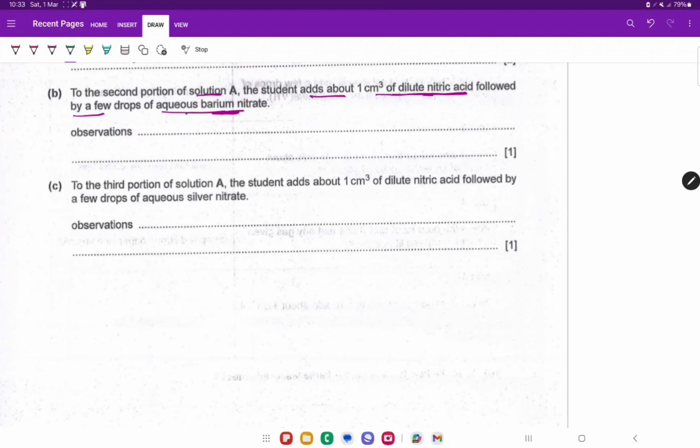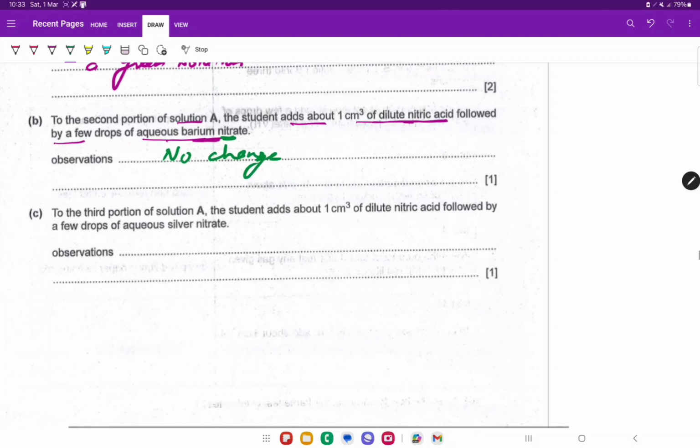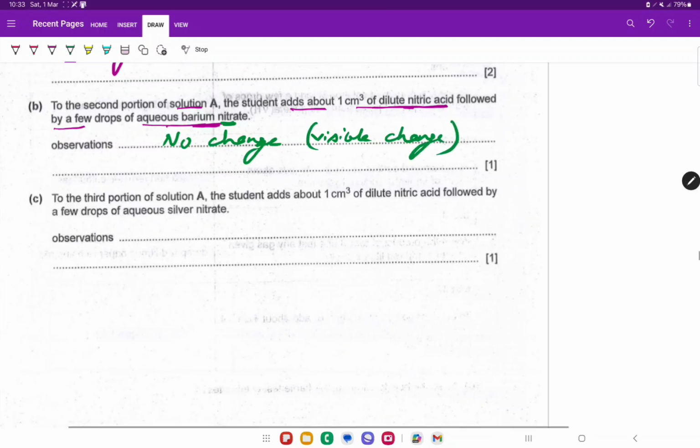Therefore, there will be no change in color, no observation. Although a reaction could take place, the barium chloride is soluble in water, so there will be no visible change. That should be the answer for this.